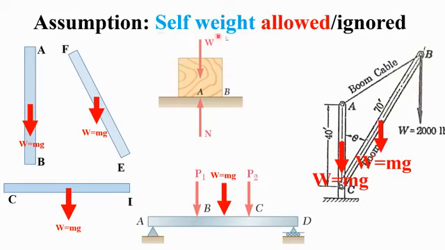But if self-weight is allowed, or if it's told that self-weight is there, then you will have to show the self-weight at the center towards the gravity direction. So W is equal to mg, here W is equal to mg, and so on for every member, and all the forces work at the center towards gravity direction, that is vertical downward.